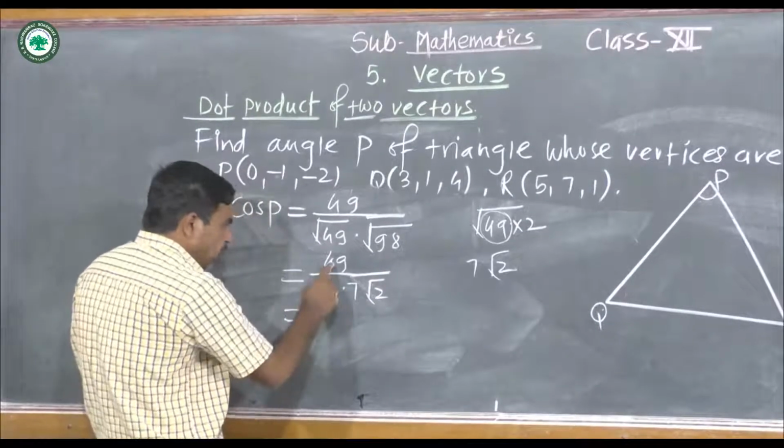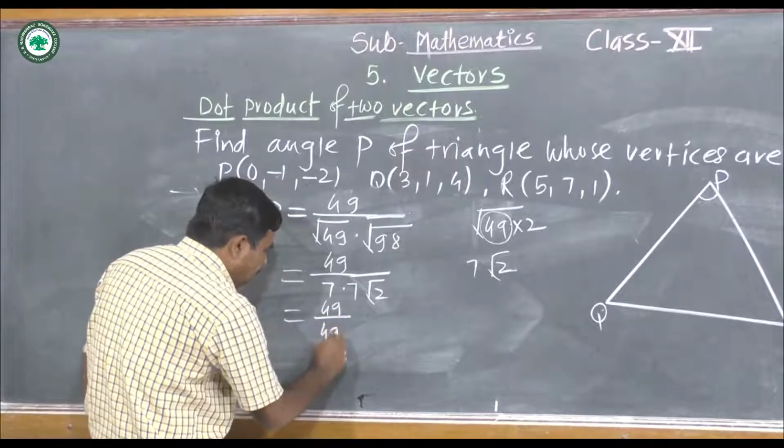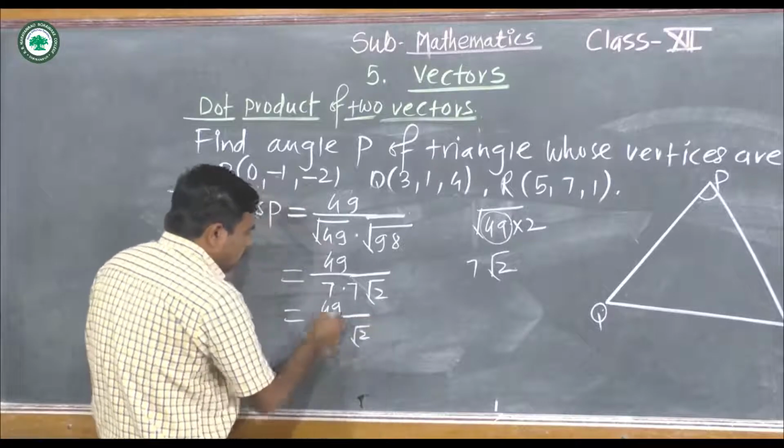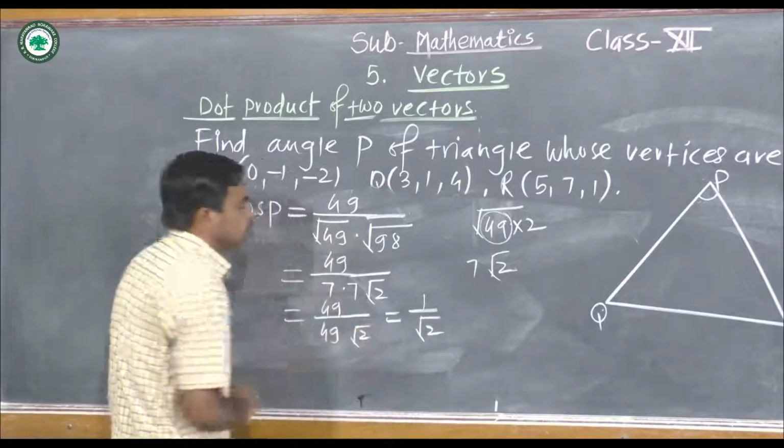Again it is equal to 49, 7 into 7 is 49, 49 divided by 49 into square root 2. Now this 49 gets cancelled, it is 1 upon root 2.